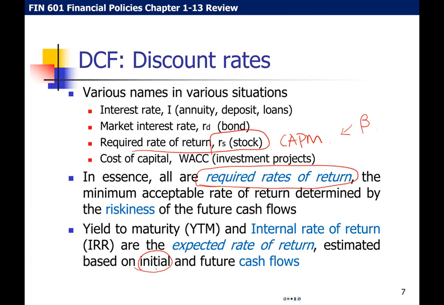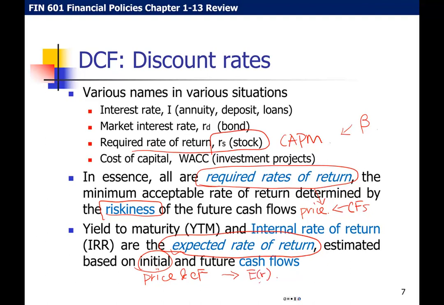For required rate of return, it's found based on the riskiness of future cash flows. And the required rate of return is very useful when we try to determine the price from future cash flows. Okay, and then the expected rate of return, in here we're gonna need the price and future cash flows for us to compute the expected rate of return.